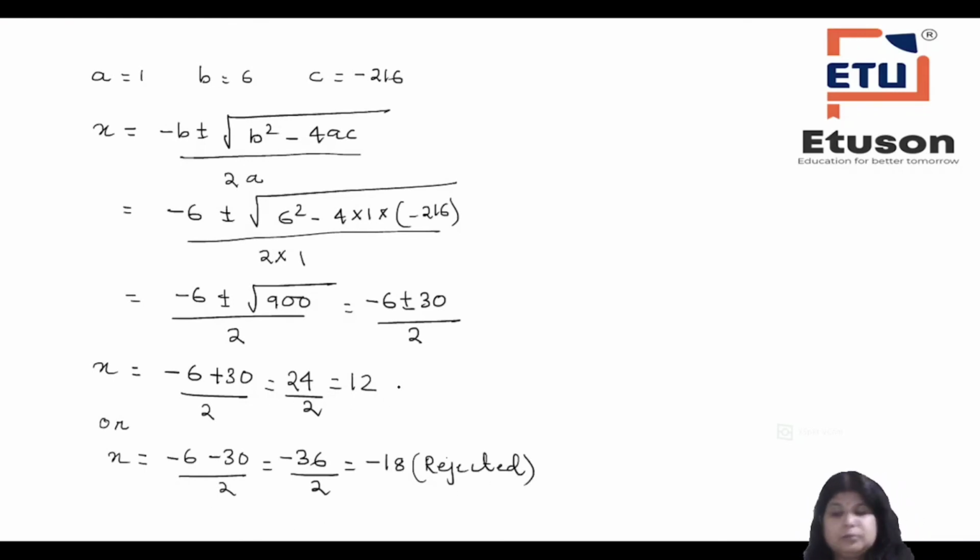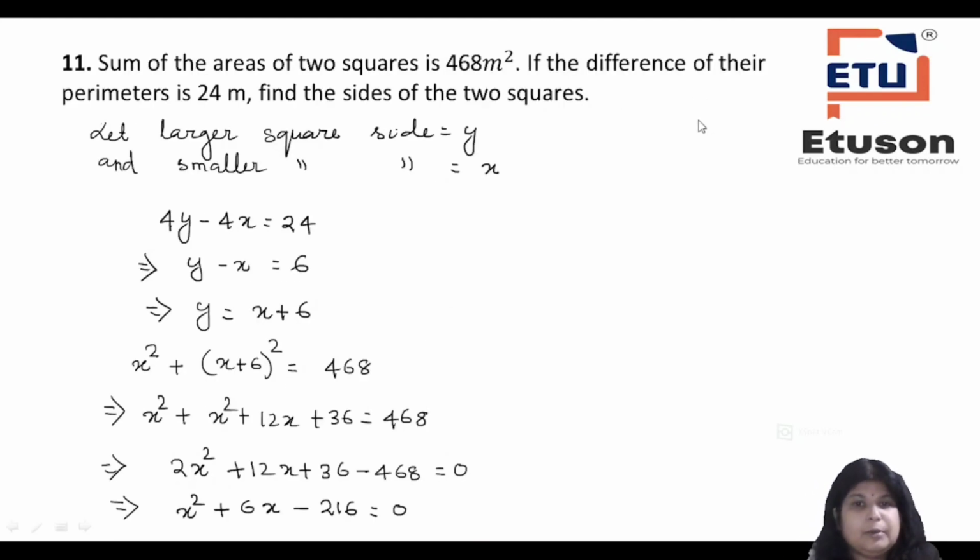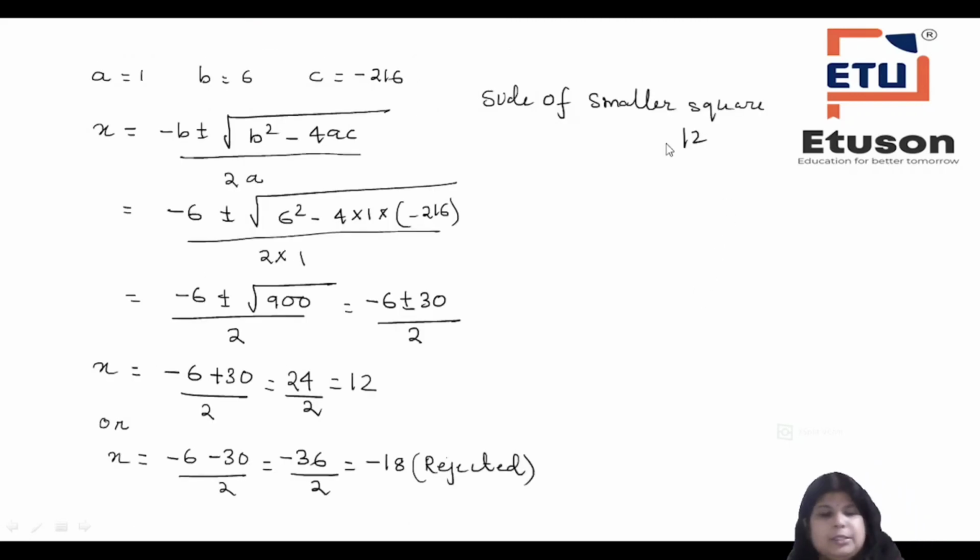So x we have considered as the side of the smaller square. So the side of the smaller square is 12 units. Since meter has been given, it is 12 meter.